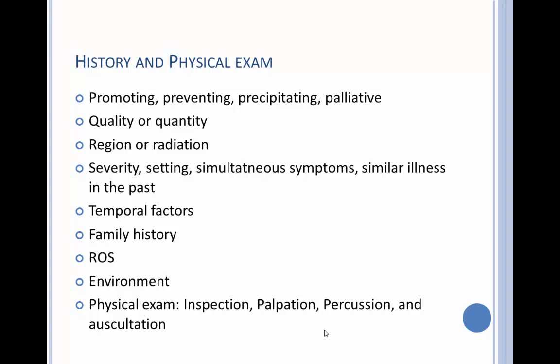For example, the history of the present illness is composed of PQRST, and P, for example, is the promoting, preventing, presenting, precipitating, and palliative factors.